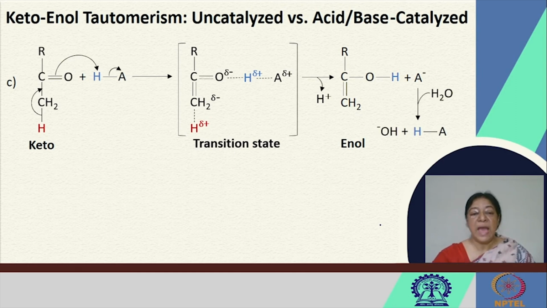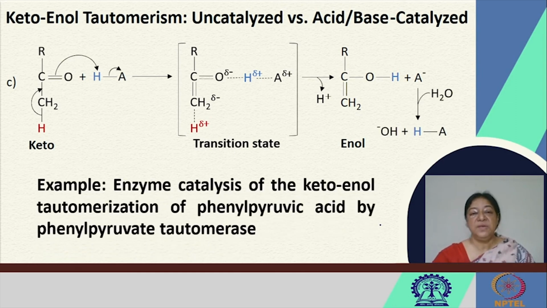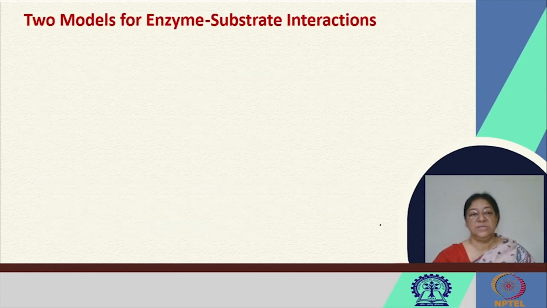So what we have is an example of an enzyme catalysis of the keto-enol tautomerization of phenyl pyruvic acid by phenyl pyruvate tautomerase. This is one such example that gives a keto-enol tautomerization from phenyl pyruvic acid by the specific tautomerase.